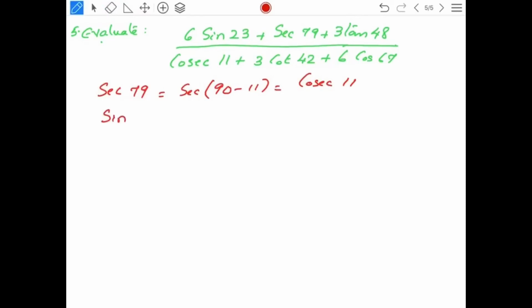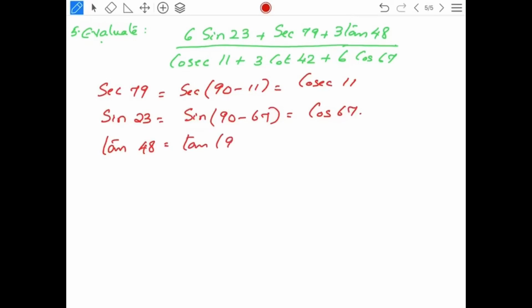Now sin 23 equal to sin 90 minus 67, so cos 67. Tan 48 is equal to tan 90 minus 42, equal to cot 42.